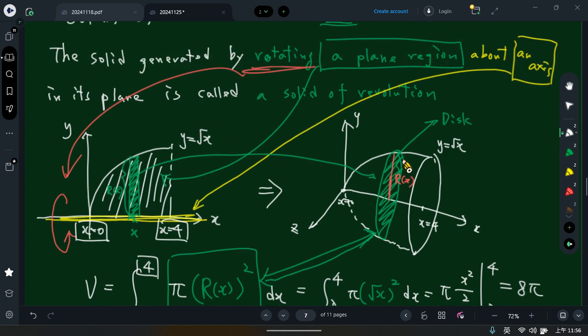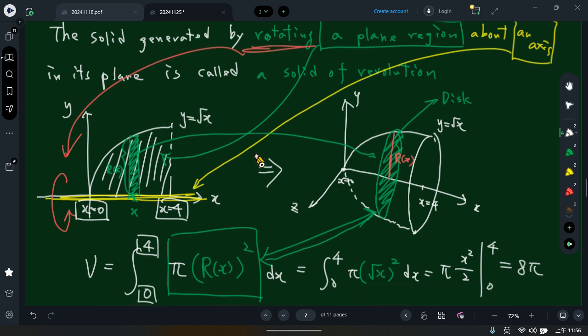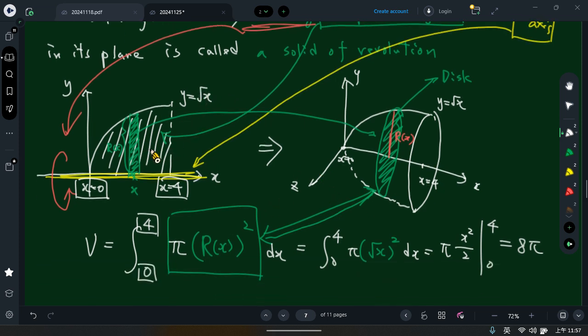It may be a different curve, but the idea is you use this height as the radius and rotate it about the x-axis, then you get the disk. Finally, you sum all disks together from 0 to 4, and you get the whole volume.